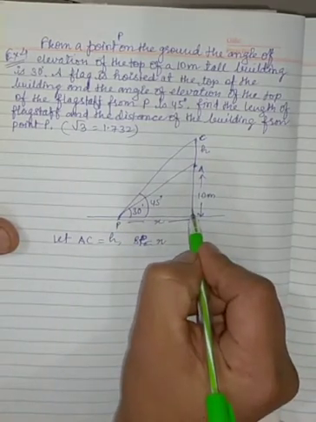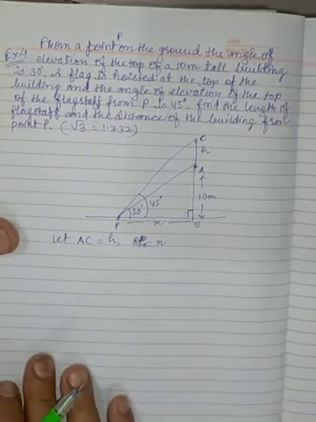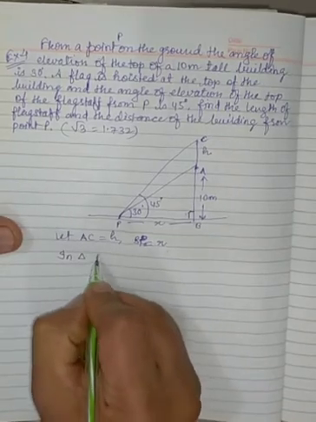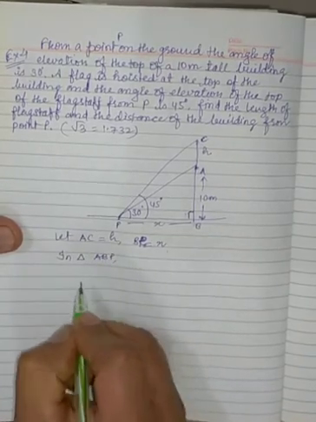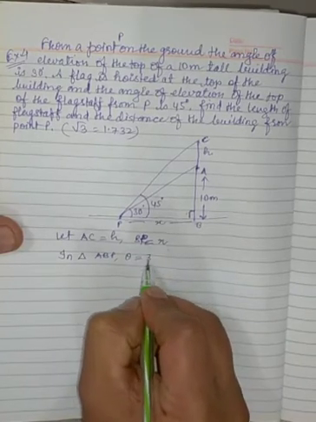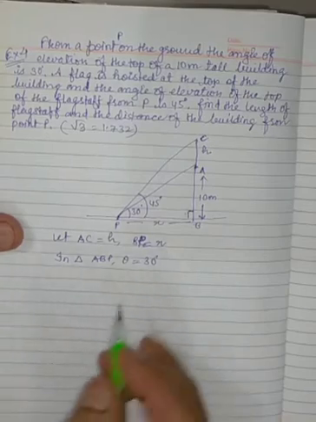As the building is standing vertically, angle B will be equal to 90 degrees. So in triangle ABP, theta is equal to 30 degrees.